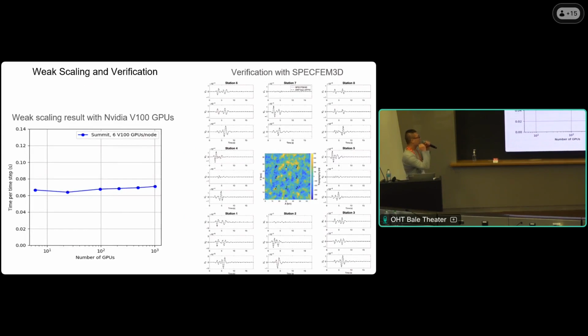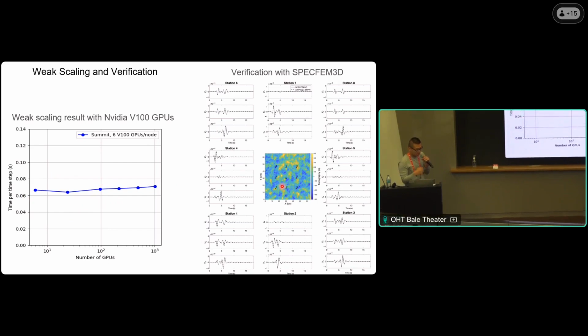So we performed the scaling tests on the NVIDIA V100 machine. It's on Summit at Oak Ridge, up to thousands of GPUs, and we're still seeing very similar time needed for each time step. That means we are having very good scalability, even with the new topography curvilinear grid feature.